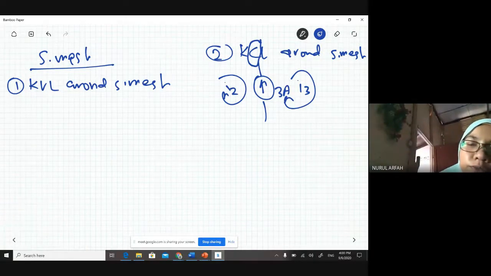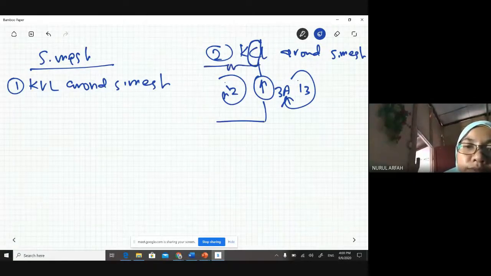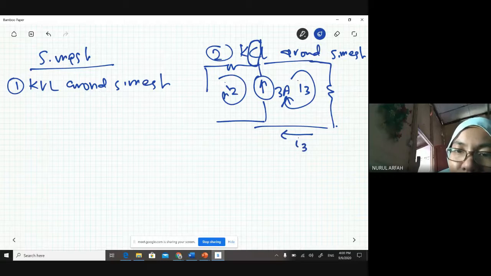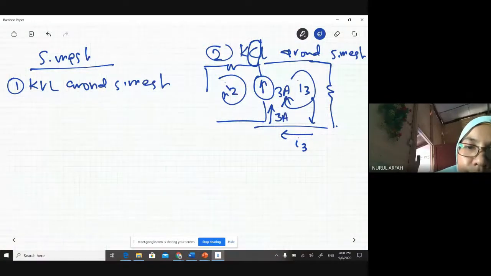You can do it two ways. First, you do the normal one. This current is entering, coming from where? From this. And then this current is leaving, which is equal to 3 amps, and this current is this way, which is I2.